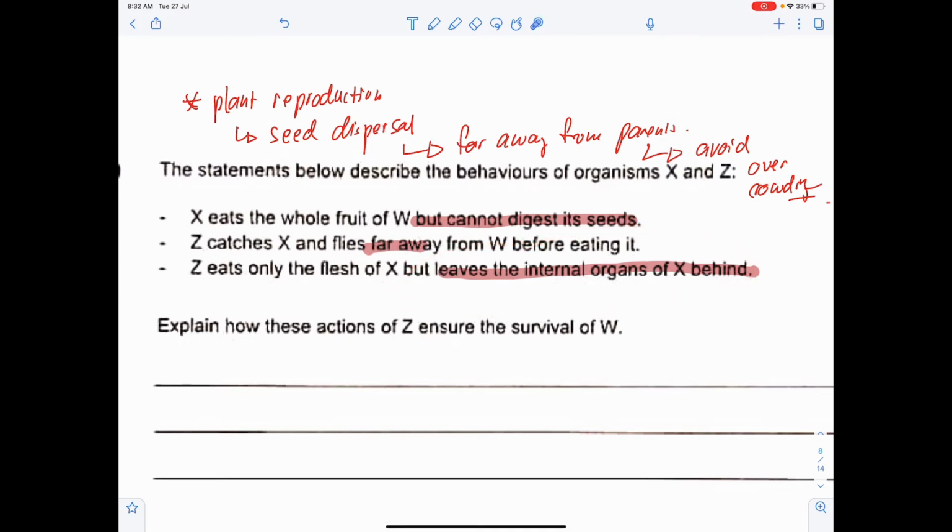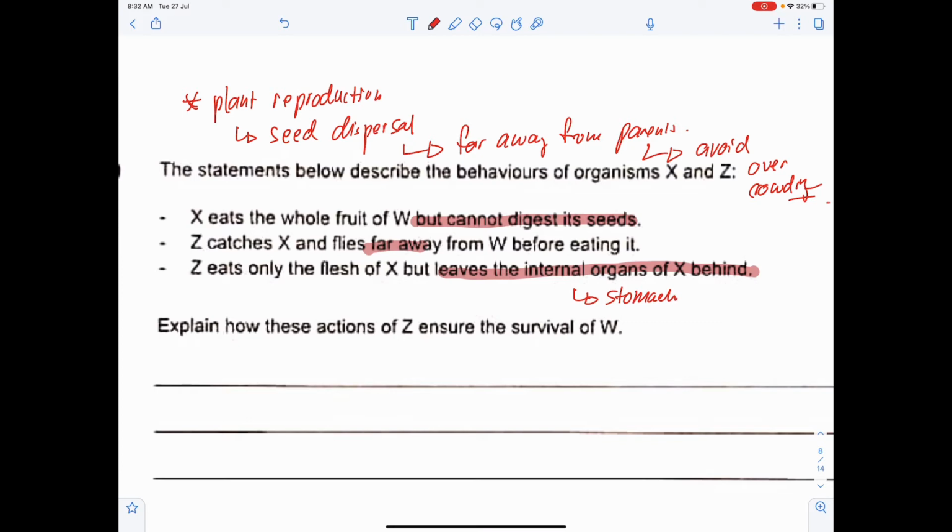If it cannot be digested and it's inside the stomach, and it's left somewhere on the ground, because Z doesn't eat the stomach of X, which has the W inside. So Z is going to leave behind the stomach, correct or not? So inside the stomach is the seed.